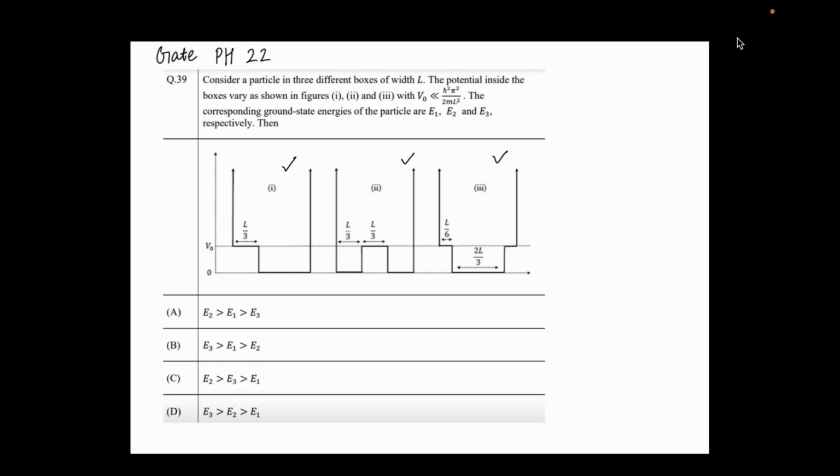Now the first concept that comes to mind is the infinite potential well. You should be aware of its eigenstates and eigenvalues. The second thing is perturbation theory.